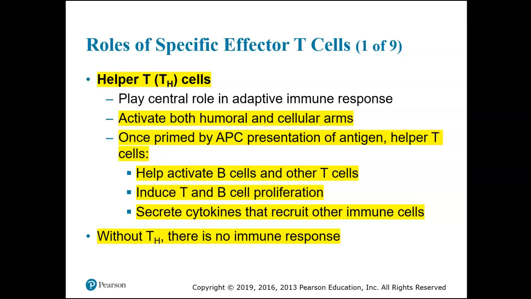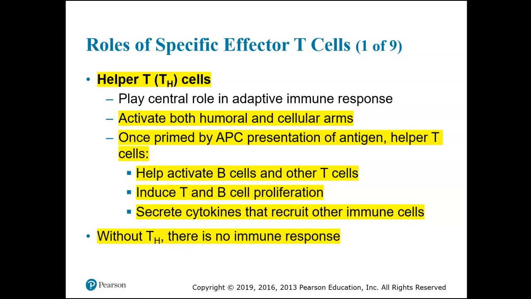Okay? So once the helper T cells are primed by antigen presentation, by the antigen presenting cells presenting the antigen, the helper T cells then help activate B cells and activate other T cells. They cause the proliferation of other T and B cells, and they secrete cytokines.